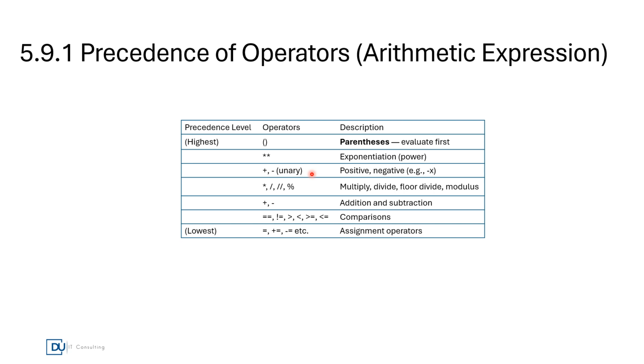Unary is whenever you have a negative number, like minus 5, with a minus symbol in front of 5. Then we have multiply, divide, floor divide, and modulus. Then addition and subtraction. Then the comparison operators, and finally the assignment operators. This is the precedence. We'll take a look at all these using examples shortly.